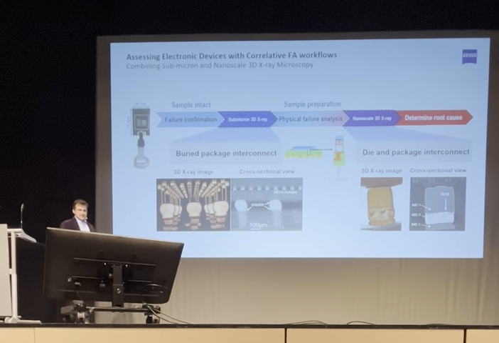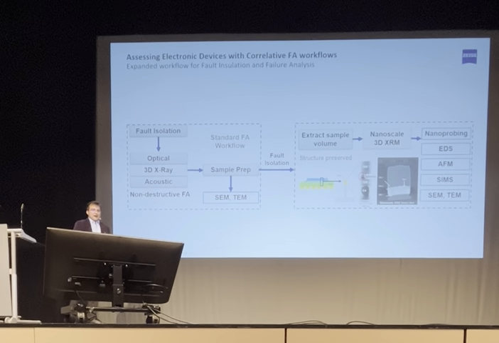Let me try to summarize here. You have workflows in which you could use non-destructive imaging, from using a 3D X-ray microscope to nanoscale 3D X-ray microscopes, when you actually separate the feature of the circuit board and you do the scanning to see a higher resolution. And even if you need higher resolution, which you will have to use an SEM, then you can cut the sample.